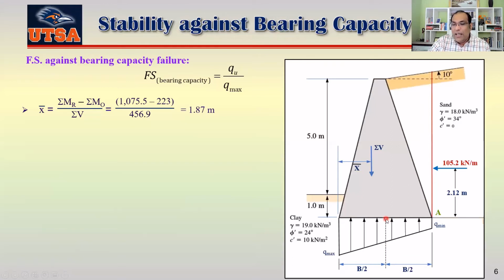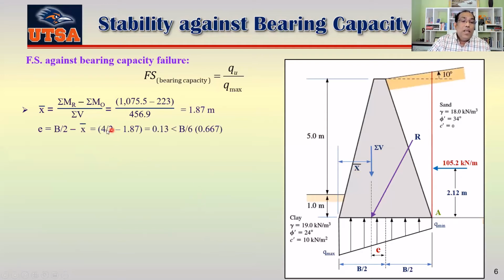So basically your distance from here to this line is your e. So we draw a line here, and your resultant force is working along that line, and the distance from here to here is your eccentricity. We can calculate that eccentricity is nothing but B by 2 minus your X bar, which is 0.13.